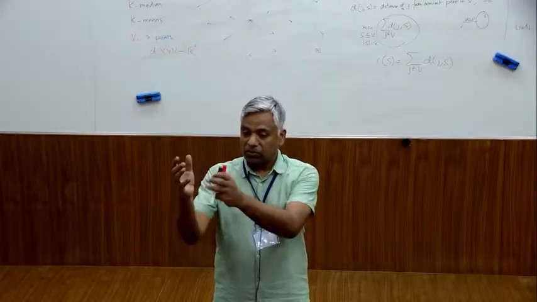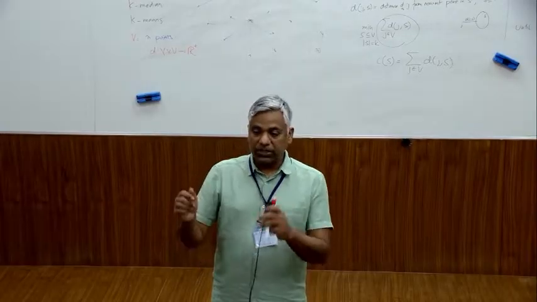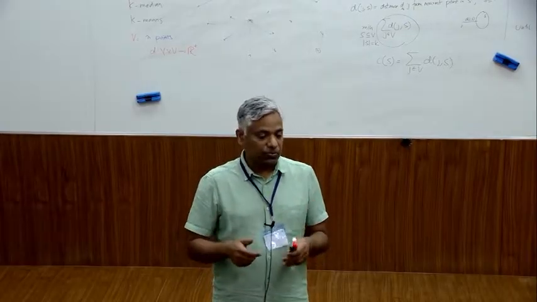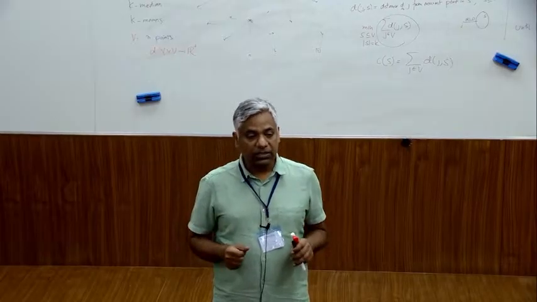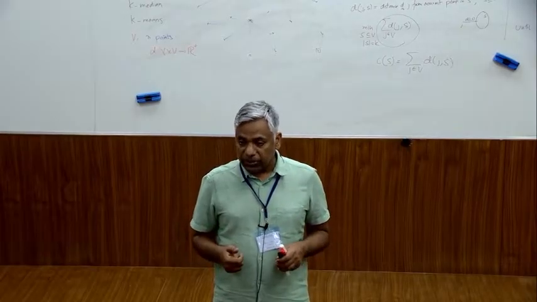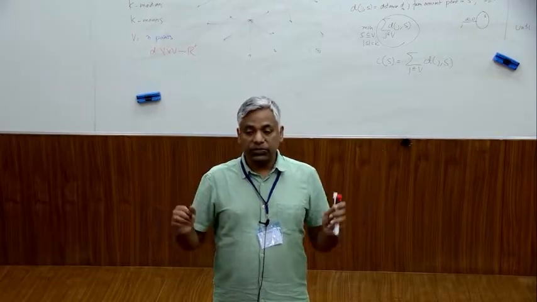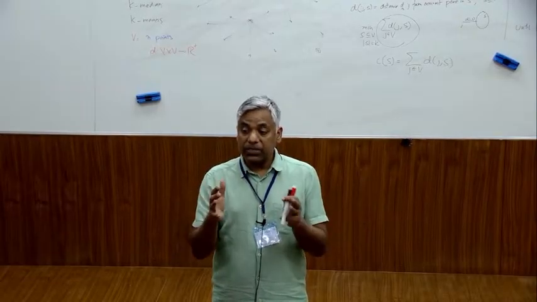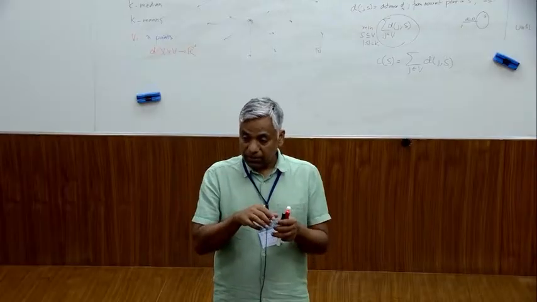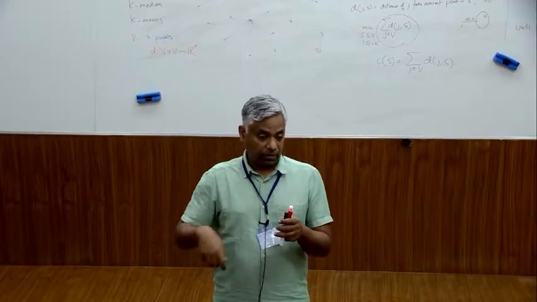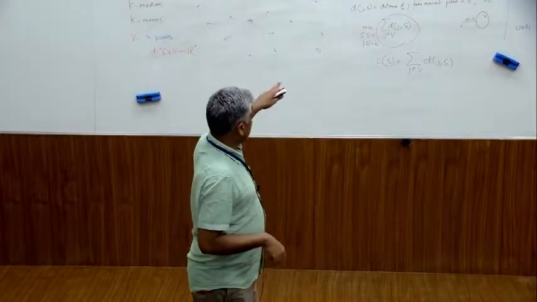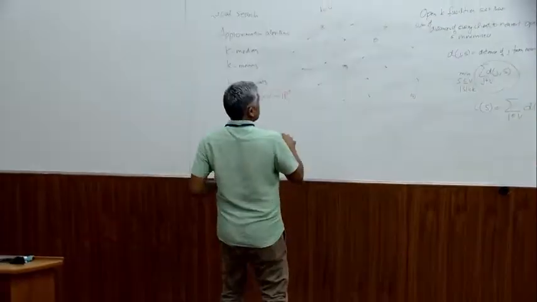Maybe you want to open an ATM in UB City, it costs 1 crore rupees or whatever. Location cost will be different depending upon location. Now you can open as many as you want, but you want to minimize the total cost of opening plus the cost of serving. This sum is what we call the service cost as well.